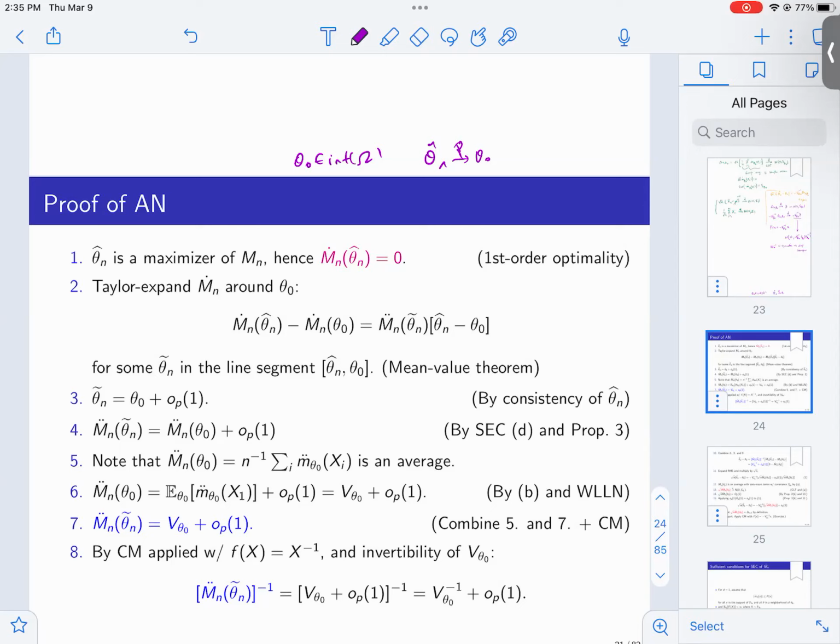When I try to maximize Mn, theta hat n has to satisfy the first order optimality condition. In this case that means the derivative has to vanish. If your optimization solution is at the boundary of a space, then the derivative need not vanish in every direction.